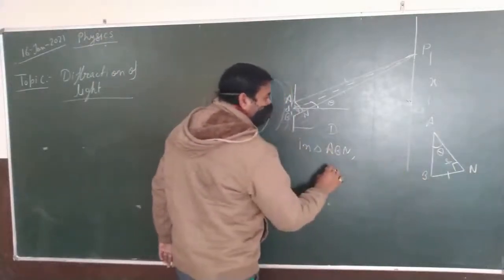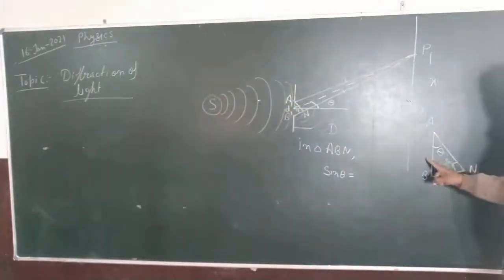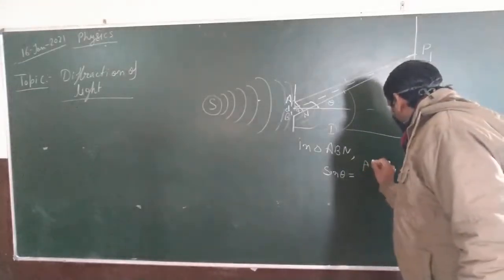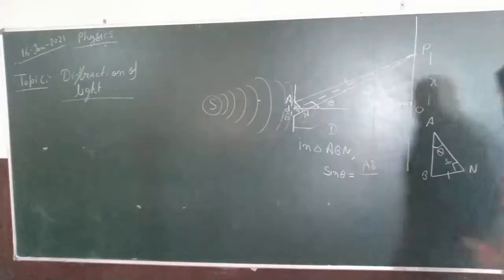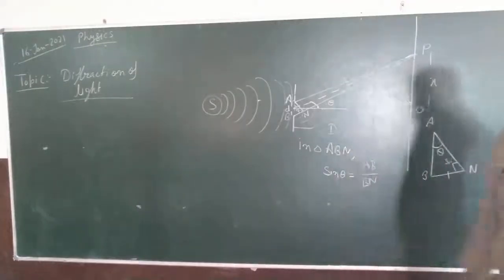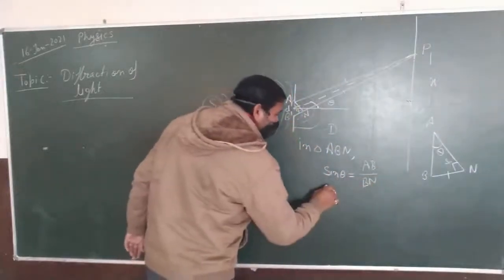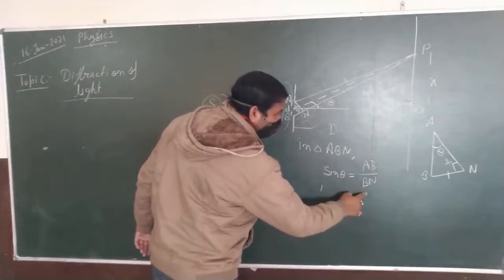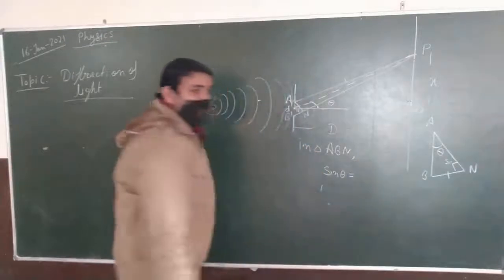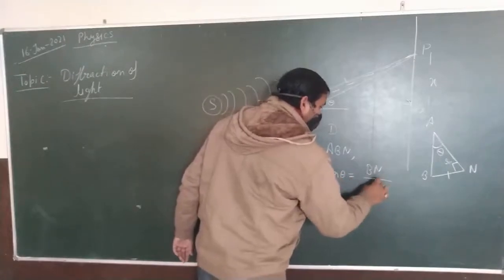So sine theta is the perpendicular upon the hypotenuse, so BN upon AB.